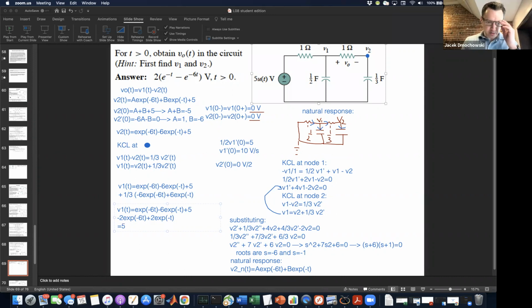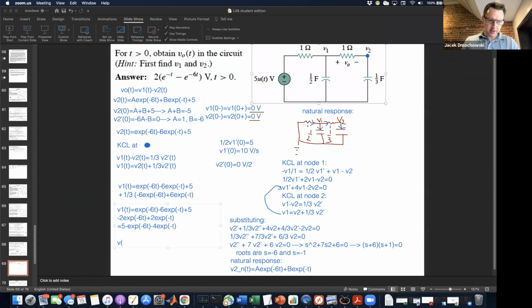minus exponential negative 6t minus 4 exponential negative t.